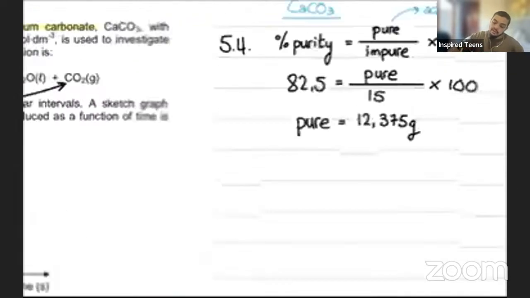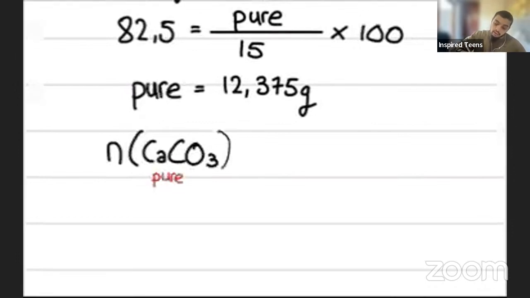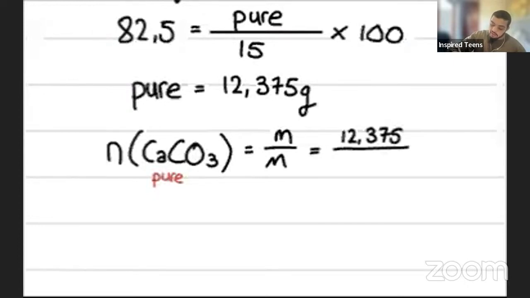So we're going to calculate n of CaCO3, the pure sample. n is equal to mass over molar mass, which is 12.375 divided by the molar mass of CaCO3, which is 100.